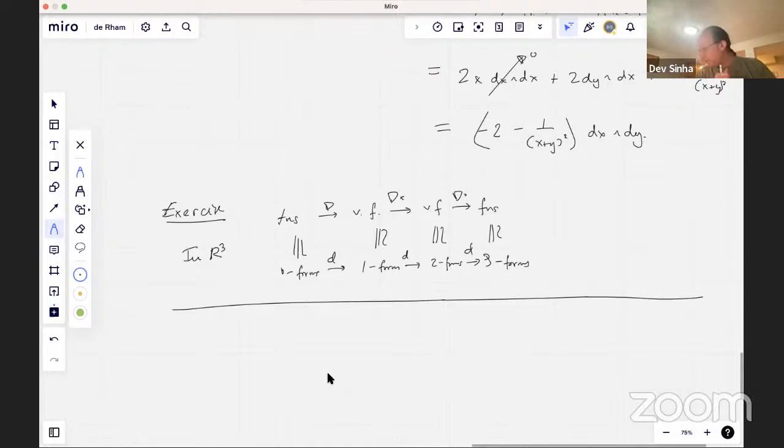So, yeah. Some terminology: the zero forms on R3 we call omega 0 of R3, and the one forms omega 1 of R3. The two forms omega 2, and sometimes we put dr for de Rham.